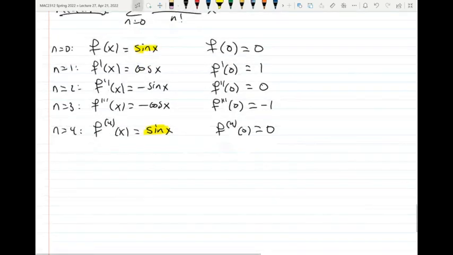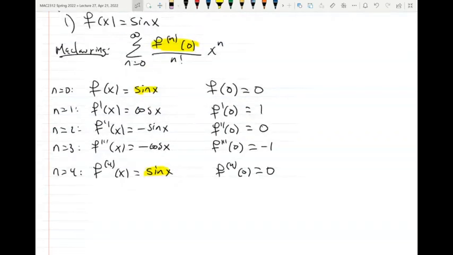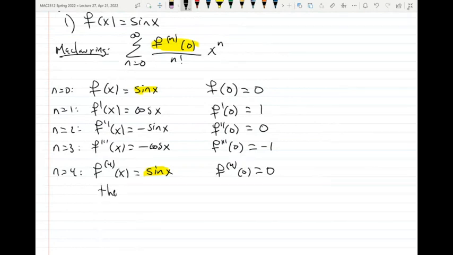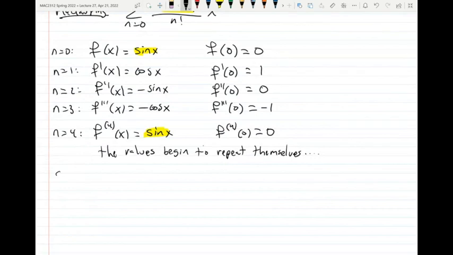So let me write that down. So now the values begin to repeat themselves. So the moral of the story is the following.